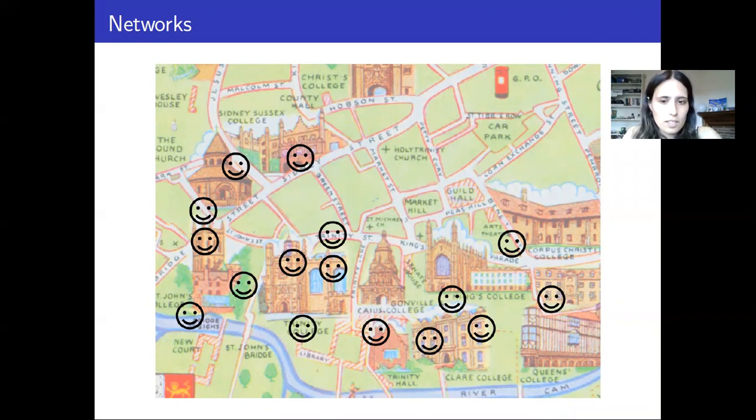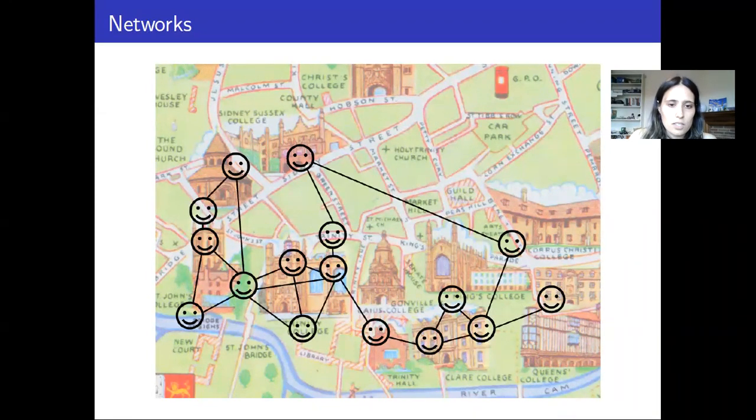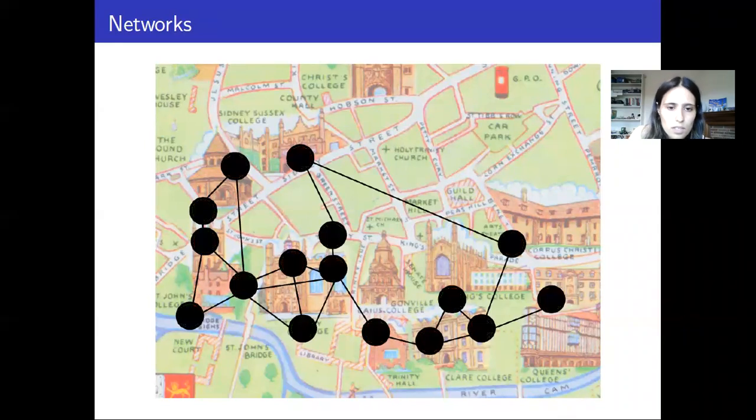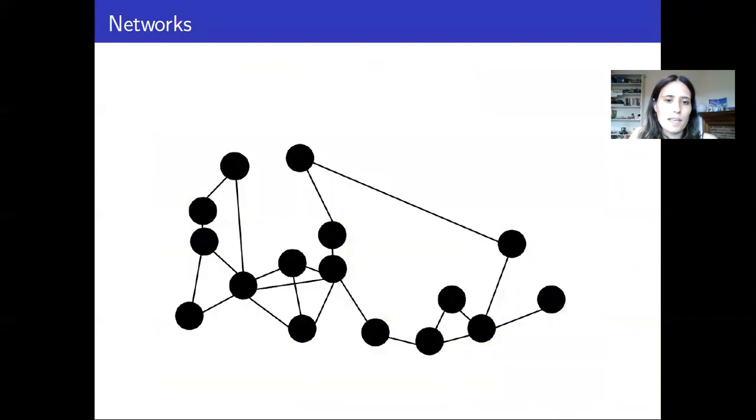So you can represent these people on your map of Cambridge, and you can connect them if they know each other. So this is just one example of a network. And very broadly speaking, my research studies structures such as this, processes on these structures, and properties of these networks.